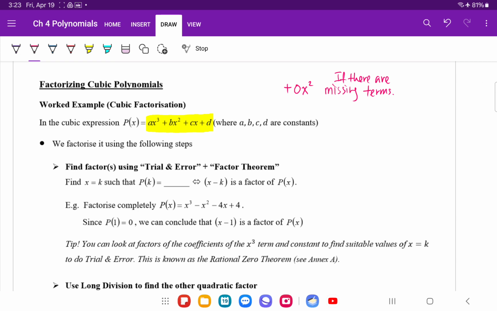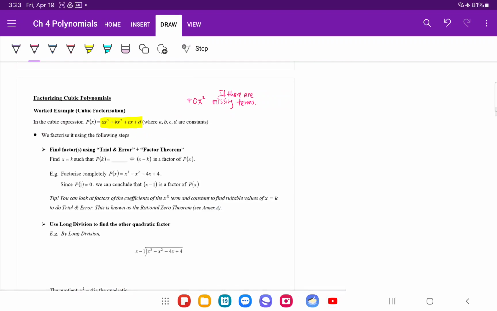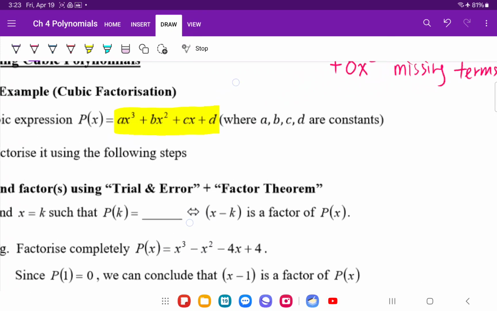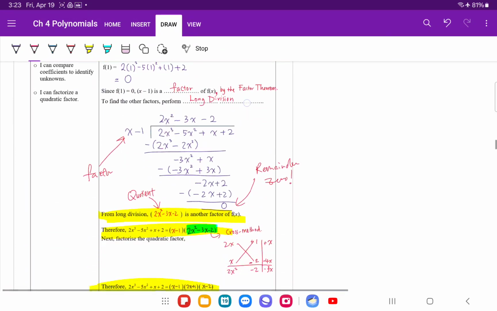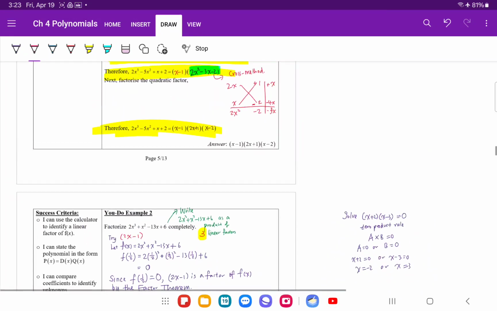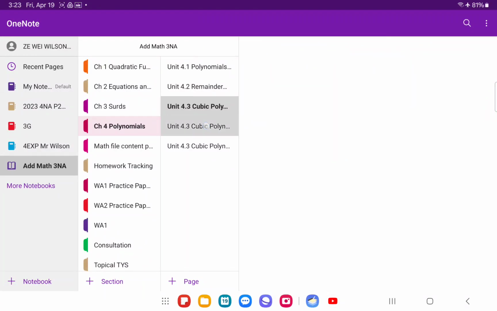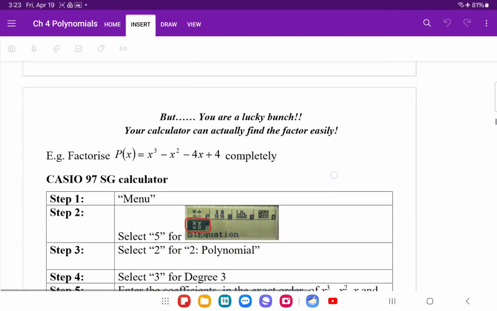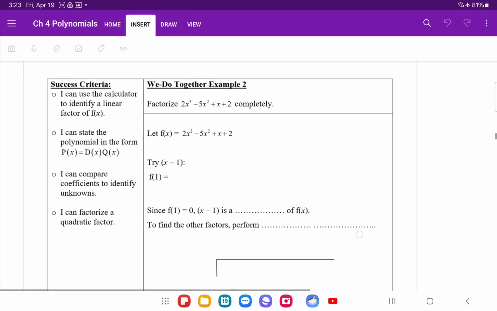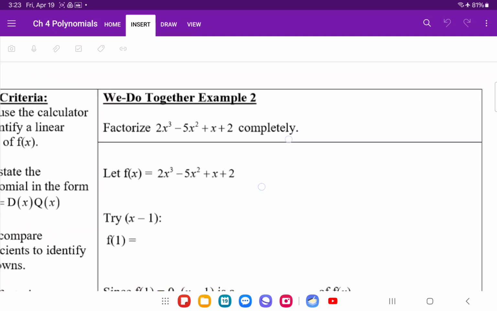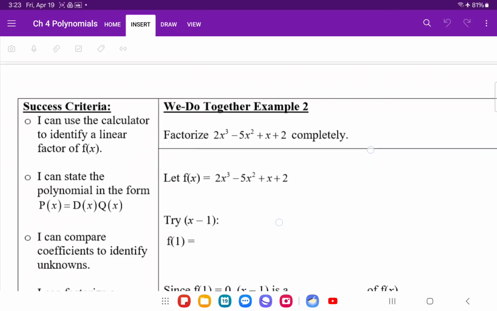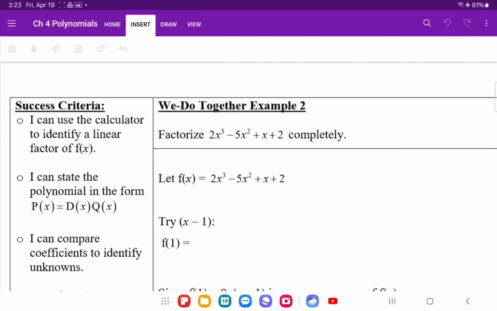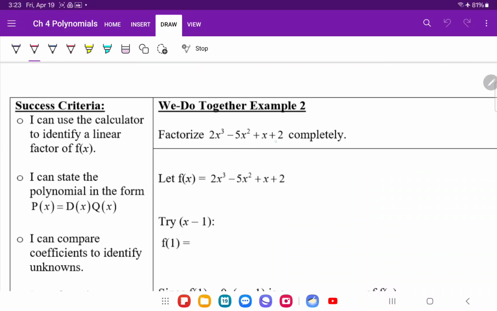So this will be the step-by-step guide on how to factorize a long polynomial, but we've actually covered something similar on page 5 the other day already. Can you turn to page 5? Which is this question. Now, today we are going to factorize 2x cubed minus 5x squared plus x plus 2 into 3 brackets.